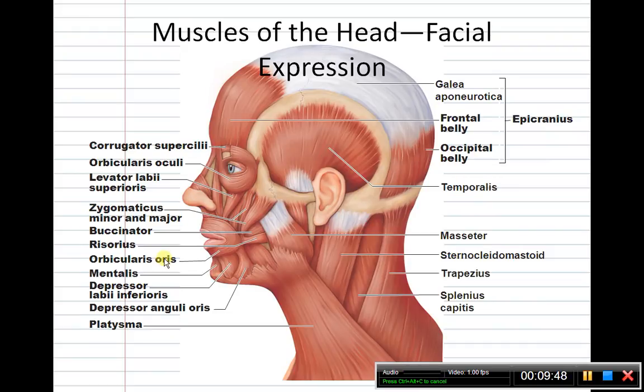Right, some of the other names and themes to watch for. If you have a levator labii superioris, labii or labia refers to lips. So where would you predict this muscle is going to be? Well, it's going to attach to the lips. So the levator is telling you the action. What's it going to do to the lip? Well, squint your mind a little bit and just throw an E on there. Elevator, labia. It's telling you it's elevating or lifting the labia. Superioris is telling you which labii.